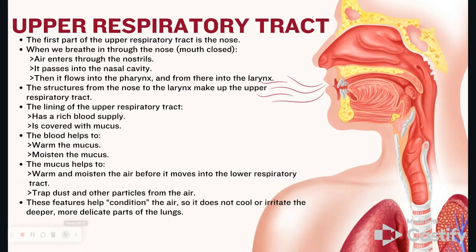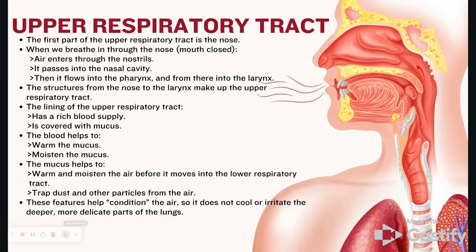When you breathe, air enters the nostrils, passes through the nasal cavity, then flows into the pharynx, and from there into the larynx. So, nostril, nasal cavity, pharynx, larynx. The structures from the nose all the way to the larynx are your upper respiratory tract. Okay, one more time.